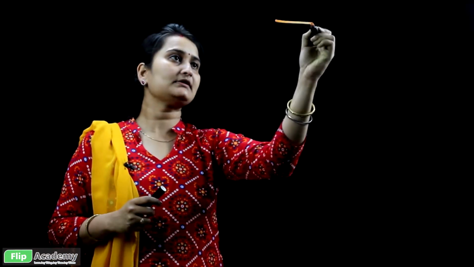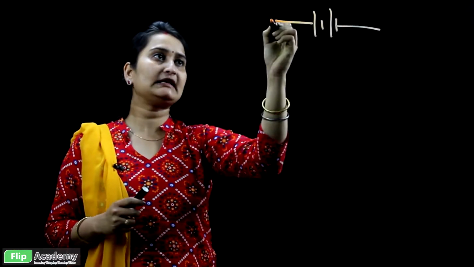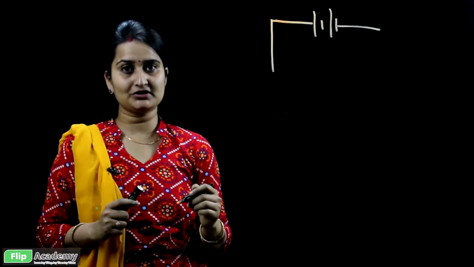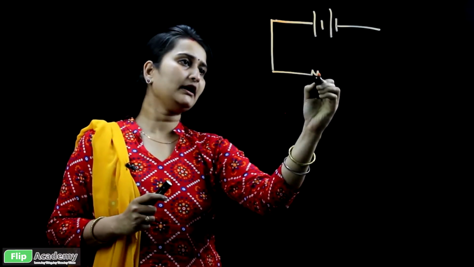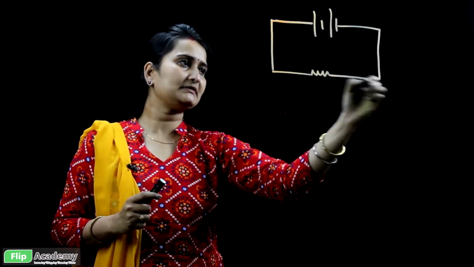Now let's discuss this concept numerically. Let me draw an electric circuit. This is a circuit. No electric circuit is complete without a battery, so first you have to supply a battery. Next, place appliances, that is resistors in this case. In one arm, one resistor is placed.